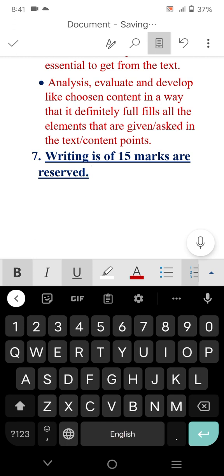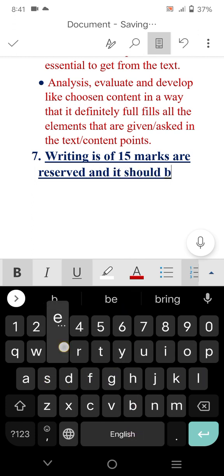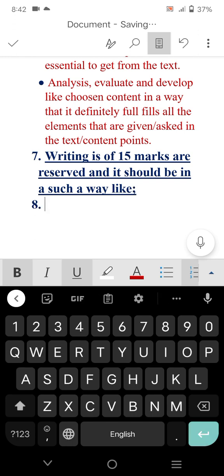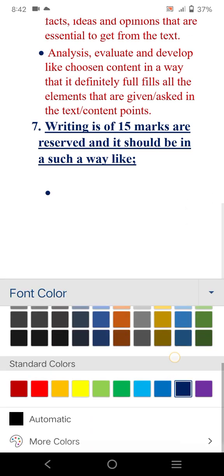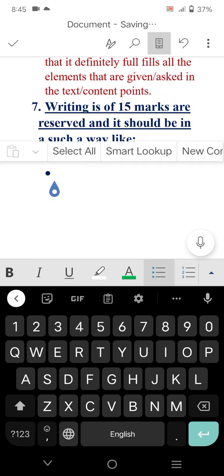And then the writing is of 15 marks, and it should be in such a way that the points are illustrated, for example, like this.